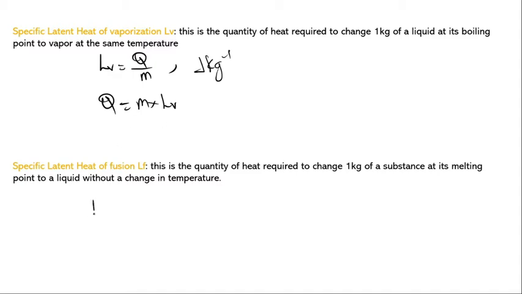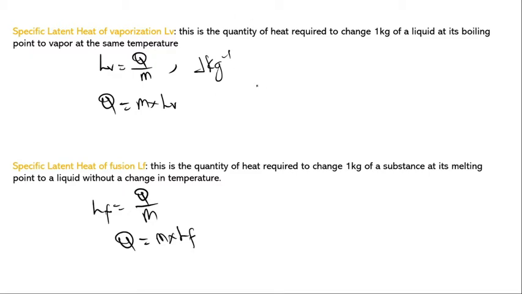Now the heat of fusion, where we are melting solid to liquid or liquid to solid, is given to us by the heat energy on the mass of that particular substance. So if you want to know the heat energy for a transformation from solid to liquid or liquid to solid, you multiply your mass by your latent heat of fusion to get the heat energy involved in that change of state.